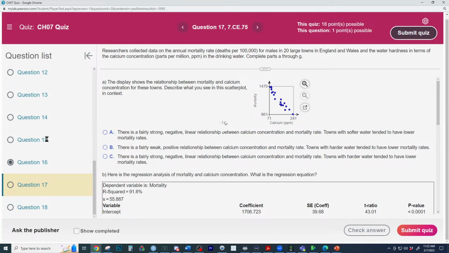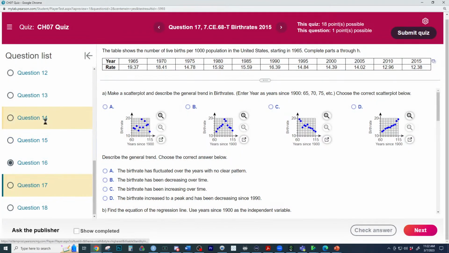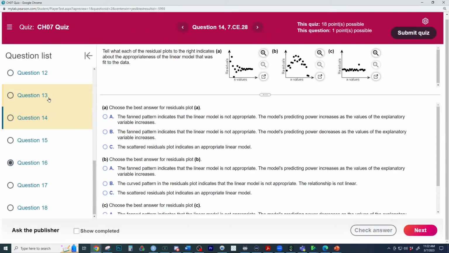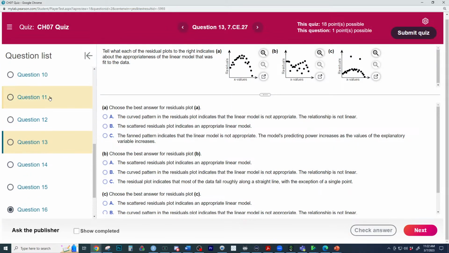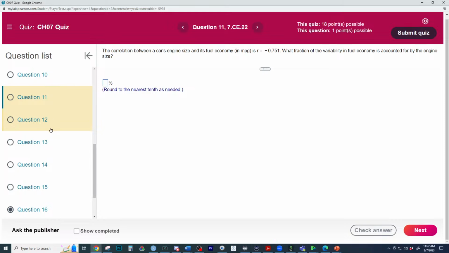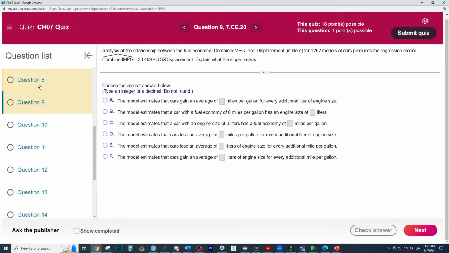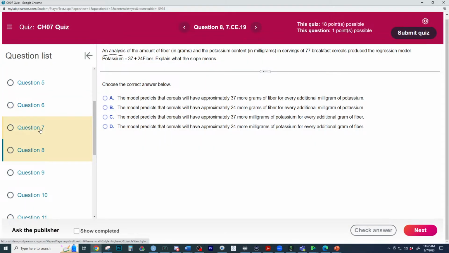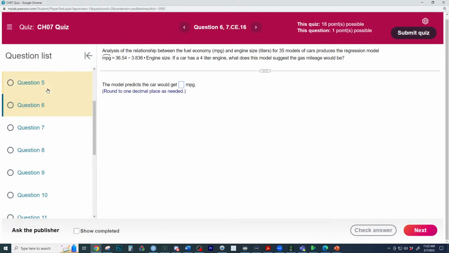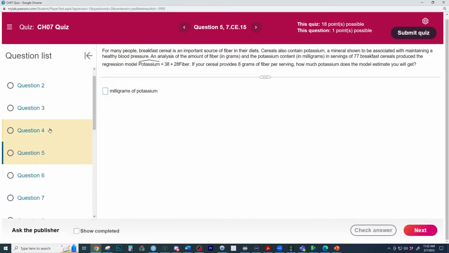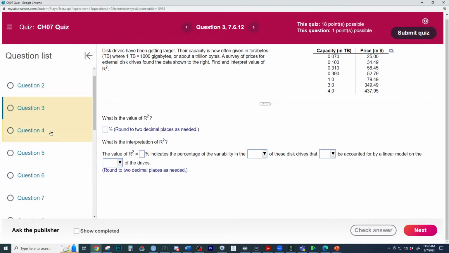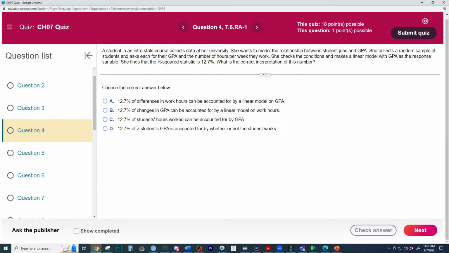A student in an intro stat class. One question wrong. We can't get any more wrong today. That's our one we get wrong. Only one wrong.